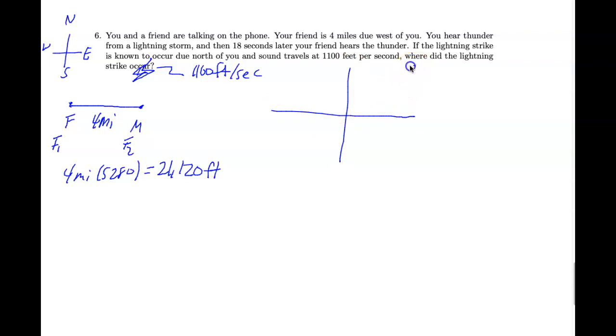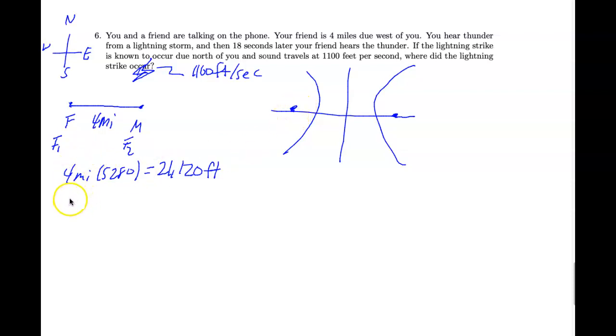If we're picturing this on the curve, let's just draw some branches. And the foci are inside of the hyperbola, right? On the ellipse, the foci were inside, and on the hyperbola, similar to the parabola maybe, you can think of them as on the inside. So we know that this whole distance is 21,120 feet.